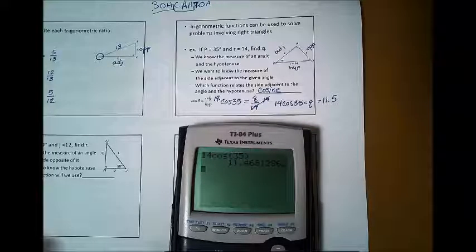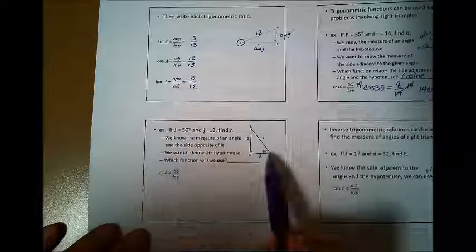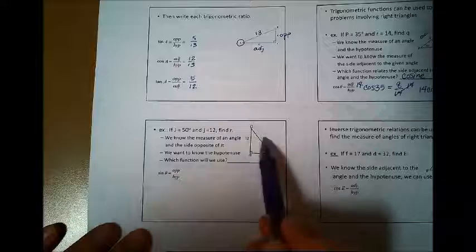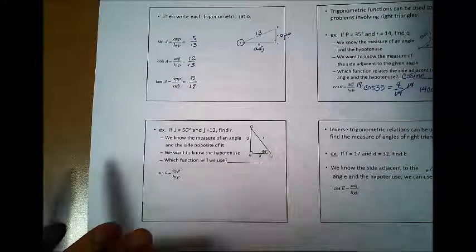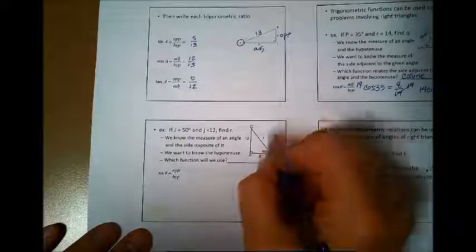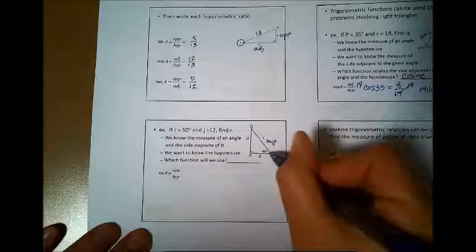Okay, so let's try another one. If we have J is 50 degrees and little j is 12, find R. Well, you might notice that R is directly across from the 90-degree angle, and it's the longest side, so that's the hypotenuse. Here's our 50-degree angle.